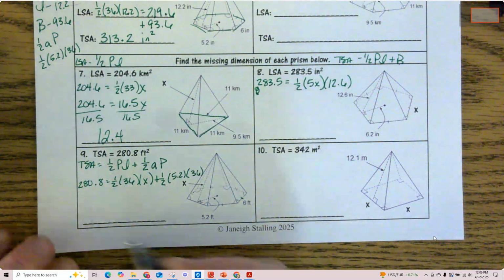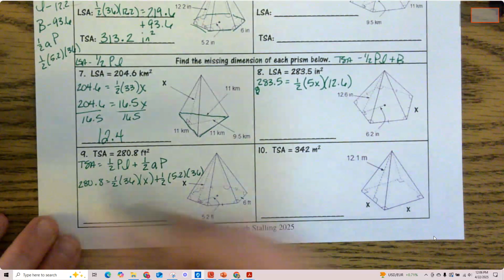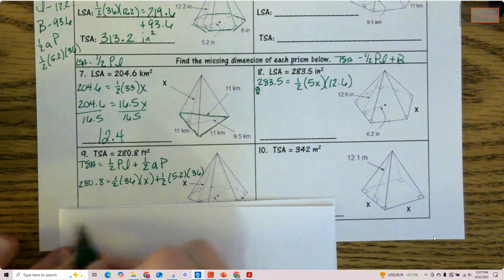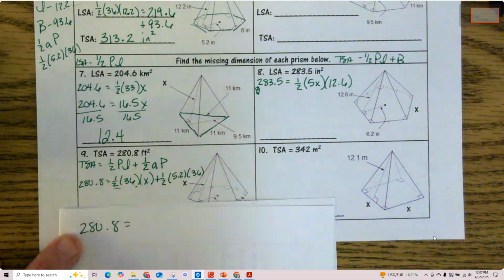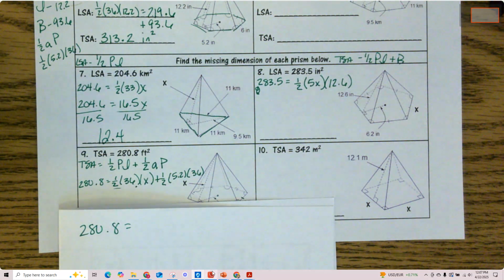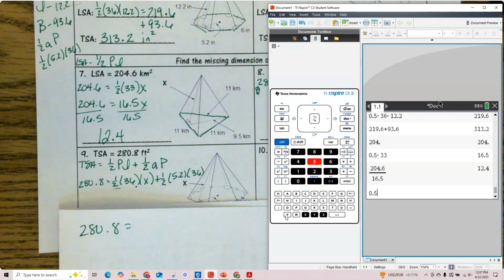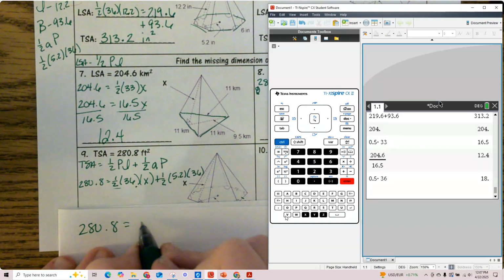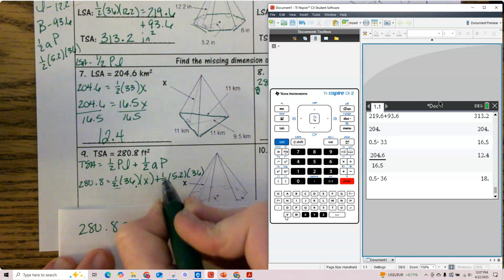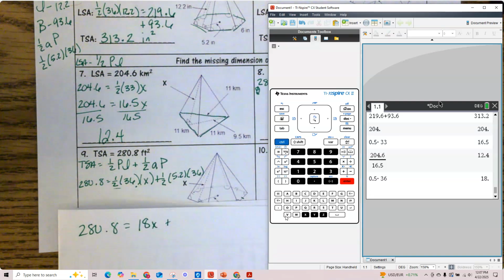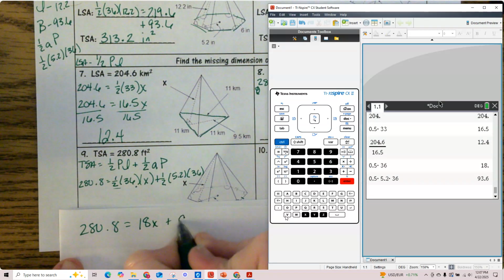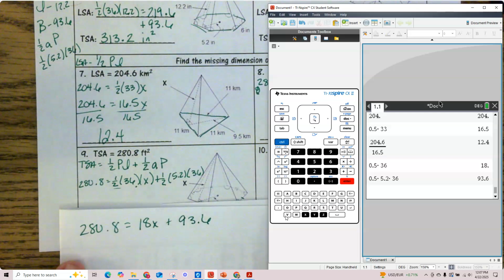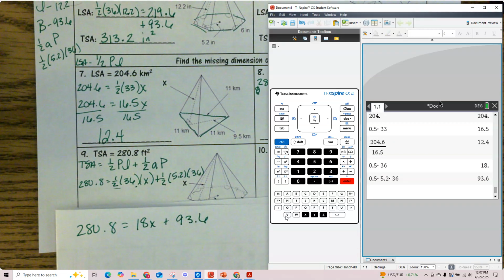All right, solving this one by hand. We got 280.8. I'm going to simplify this piece first. I'm going to do 1/2 of 36, and I get 18. And then for this piece, I'm just going to multiply all 3 of those pieces together. I can't do them all at once because of that addition sign in the middle. 2 different terms.